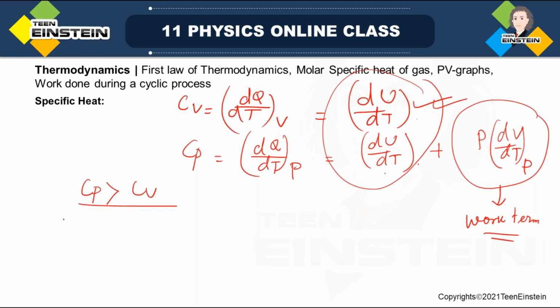So how much greater is it? Cp minus Cv you have to do. Then you will see Cp minus Cv will be P dV/dT at constant pressure. So this is the difference in the two specific heats, and these two specific heats are called the principal molar specific heats of a gas, Cp and Cv.